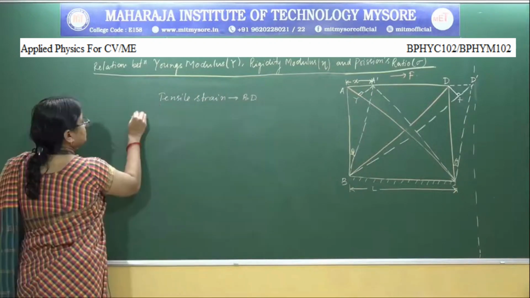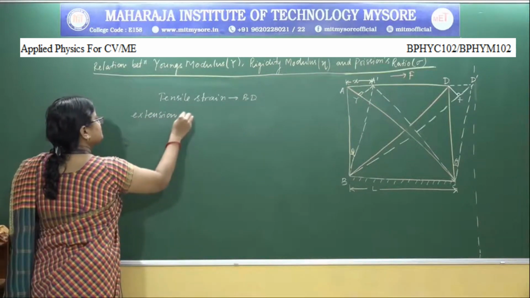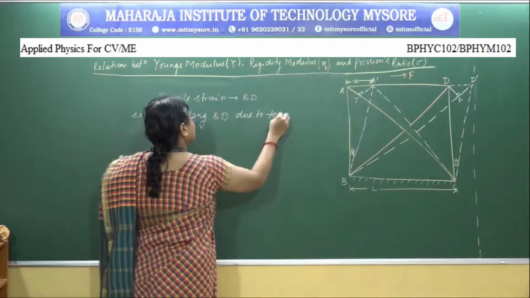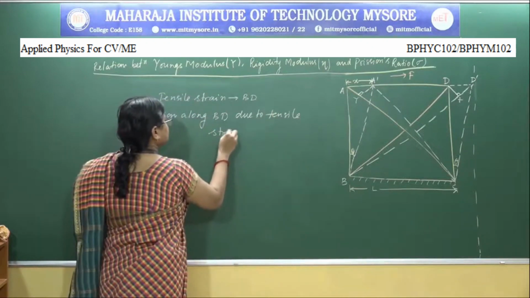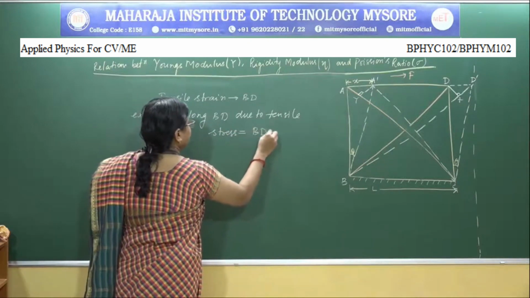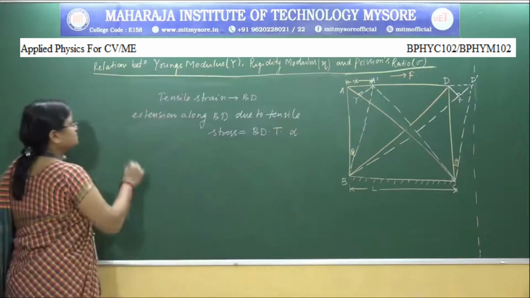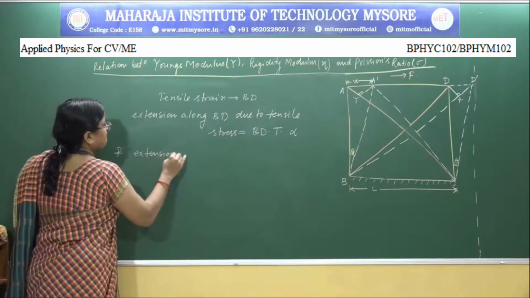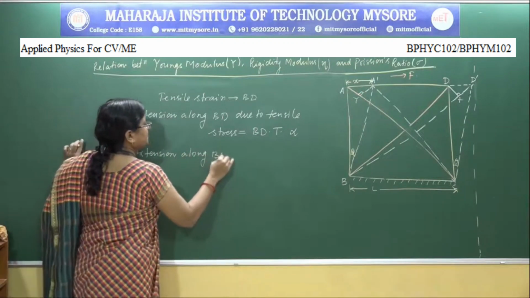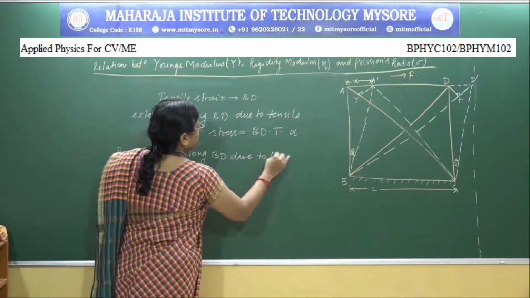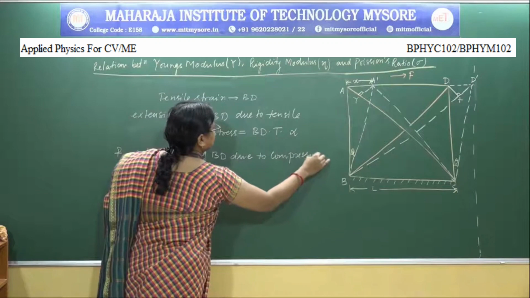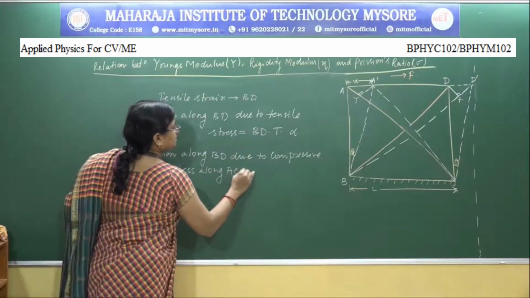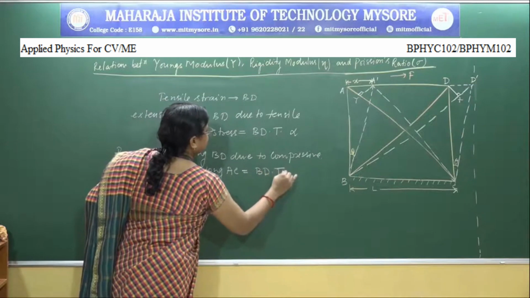along BD, therefore the extension along BD due to tensile stress will be equal to BD T alpha, and the extension along BD due to compressive stress along AC will be equal to BD T beta.